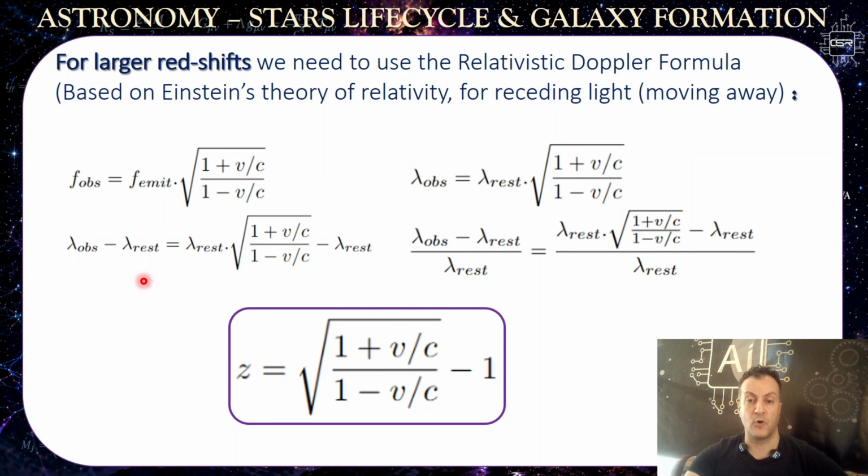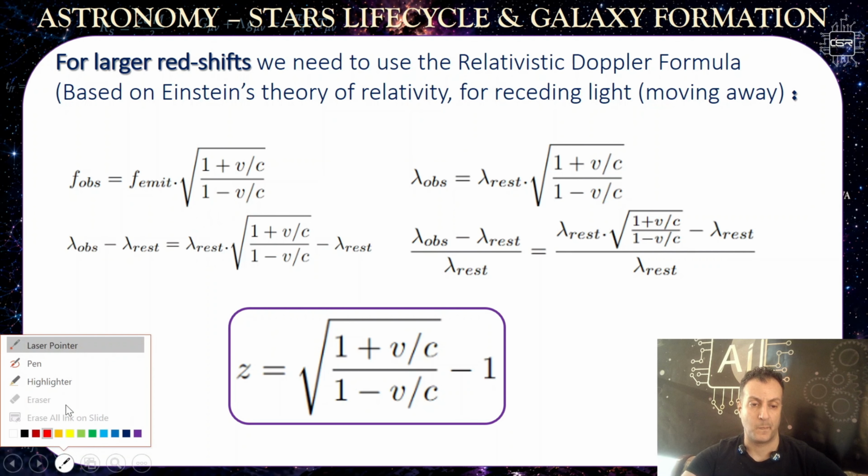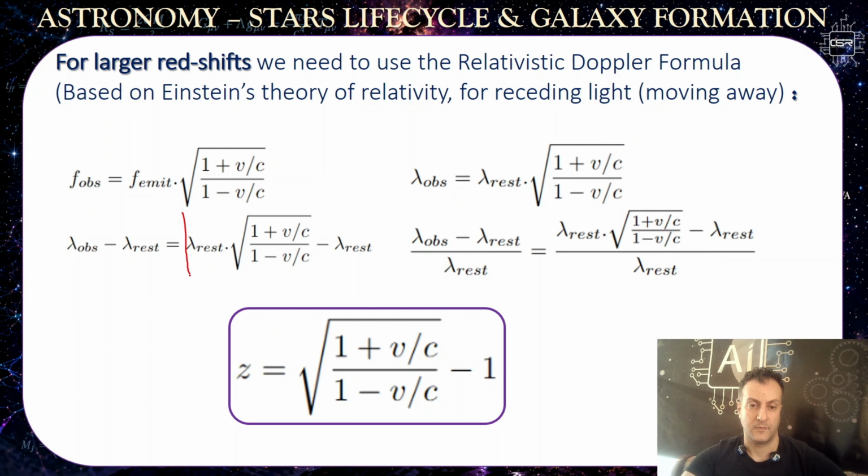So, at first, we need to place lambda observed minus lambda rest, where lambda observed is already lambda rest times the square root of (1 plus v over c) divided by (1 minus v over c), correct? So that's lambda observed minus lambda at rest. This all together is lambda observed. Remember, we took it from the formula here.